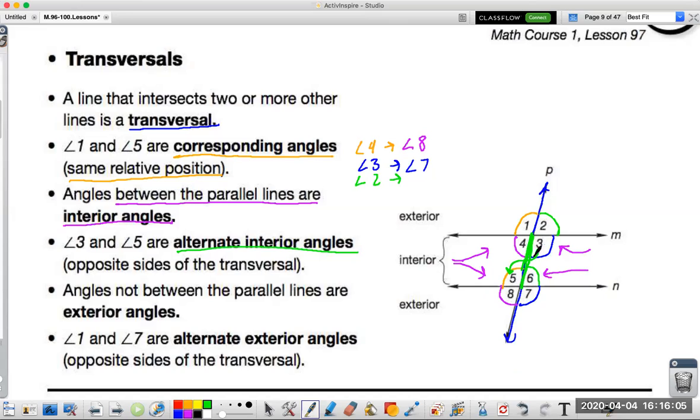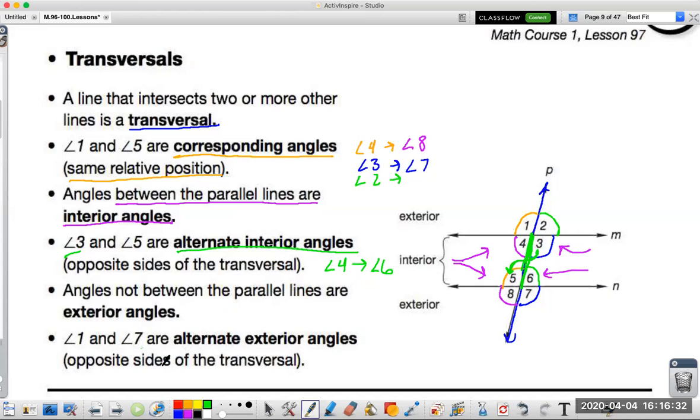You have to jump over it, but it has to be the alternating one, not adjacent. So the alternate interior angle of angle 3 is angle 5. What would be the alternate interior angle of angle 4? Well, if you jump over the transversal, it'd be angle 6. So those are the alternate interior angles.